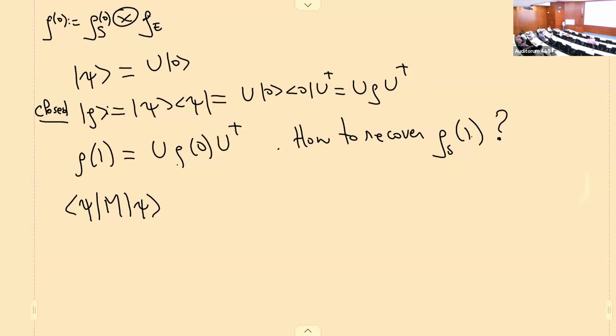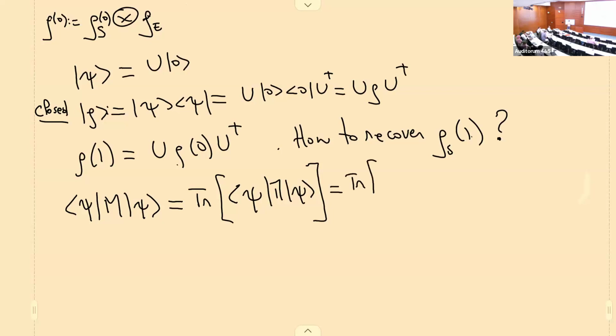This is the same as the trace of the number. Now trace has many properties. I can also write this as trace of M |psi><psi|. Trace of AB is trace of BA, this cyclic property, which of course is the same as trace of M rho. But this is for a closed system.